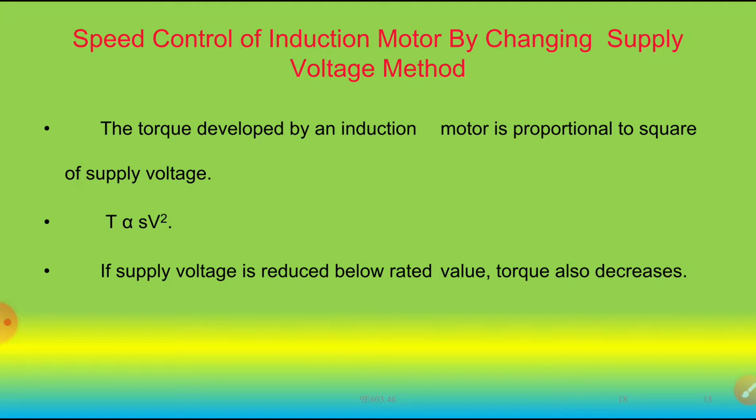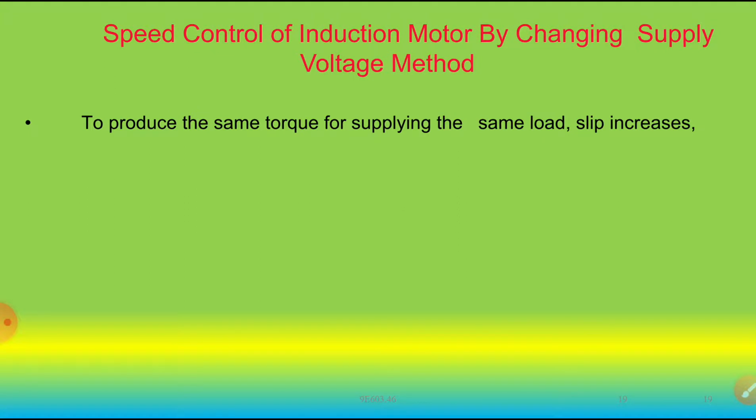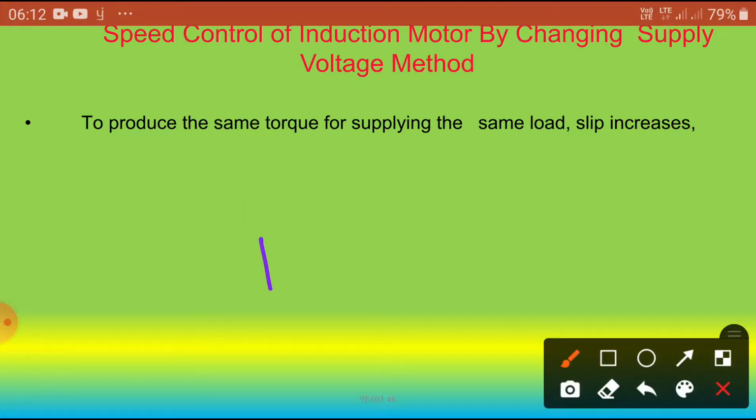If the supply voltage is reduced below the rated value, the torque also reduces, because T is directly proportional to the square of the voltage. To produce the same torque for supplying the same load, the slip has to increase. So we know that torque is directly proportional to slip times V squared.